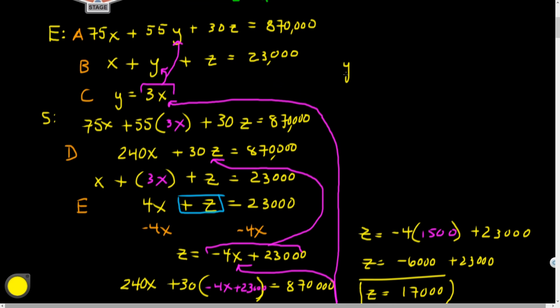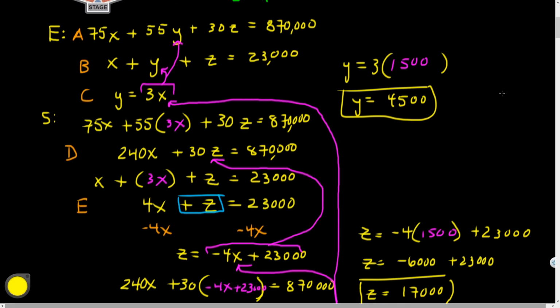And so I get y equals 3 times x, which was 1,500. And so I get y equals... All right, guys, I so don't trust myself now, but I believe that's 4,500. Yeah, that's the case. And so now I get the value of y, the number of seats in section B.